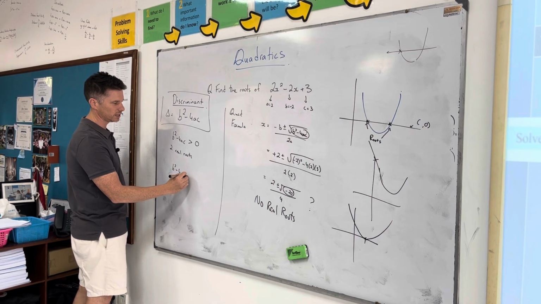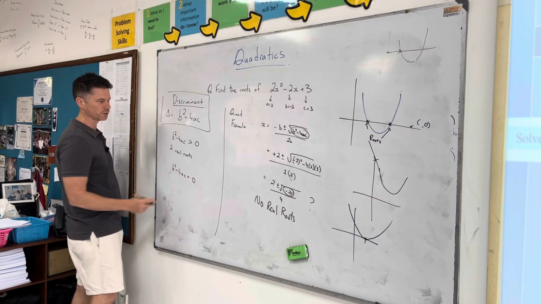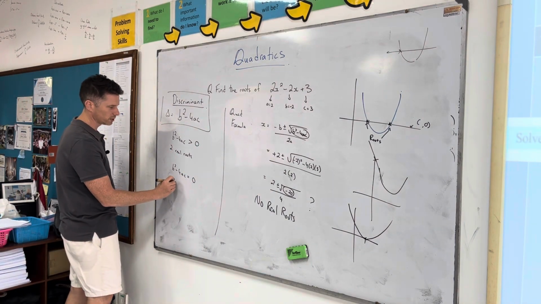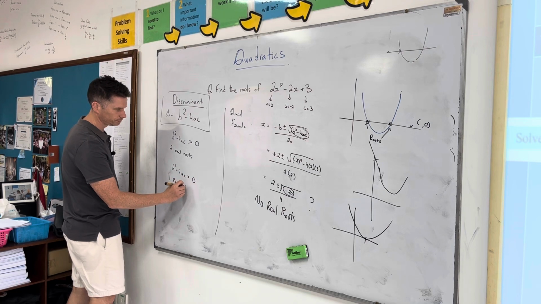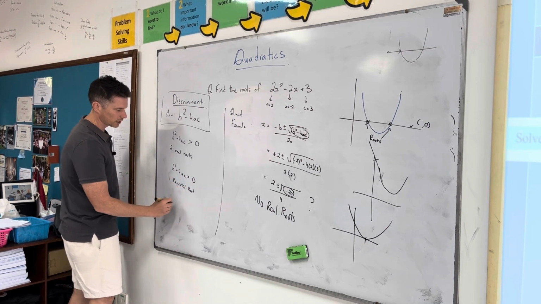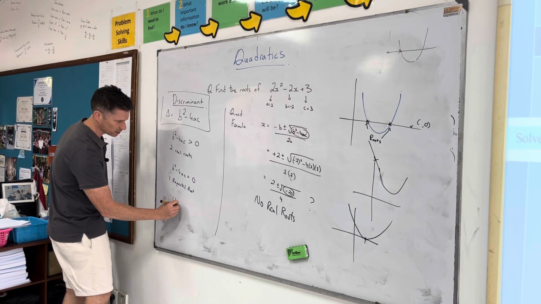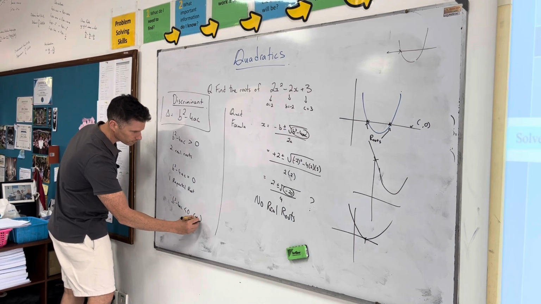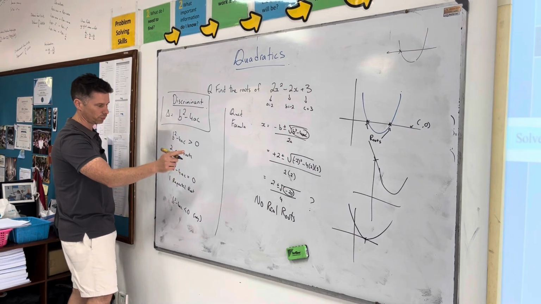If it is equal to 0, what was the term I used? Repeated root. 1 repeated root. And if it is less than 0, a negative number, no real roots.